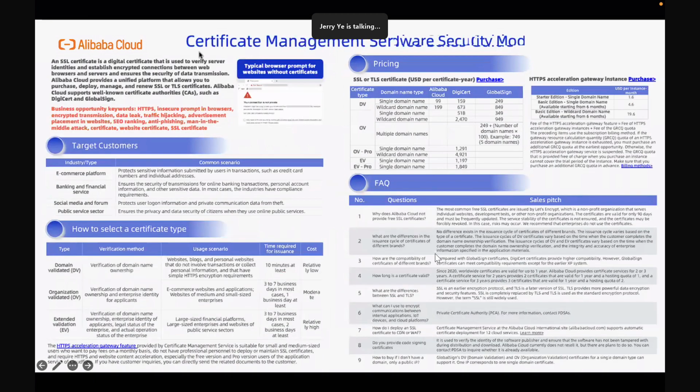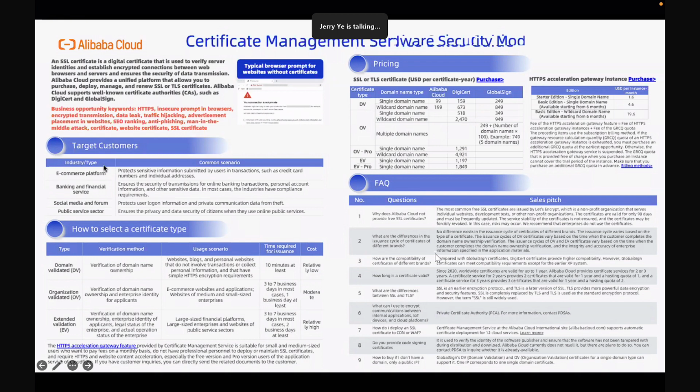So this one is the CMS. Okay, I think this part is not so important, but you can purchase the SSL certificates in the Alibaba Cloud CMS console, and every time you configure the WAF, DDoS, ALB, you can directly introduce the certificates that you uploaded to CMS or purchased in the CMS console.